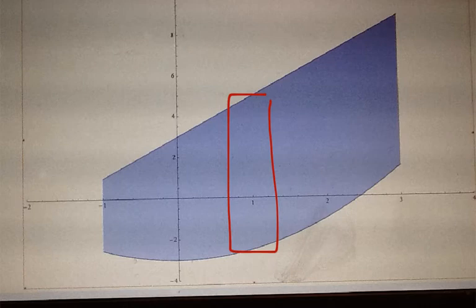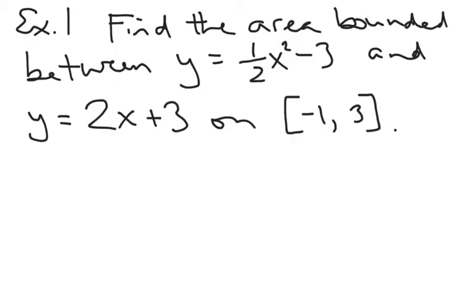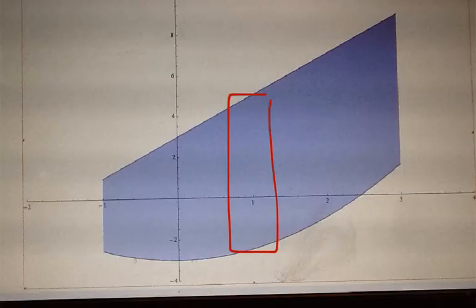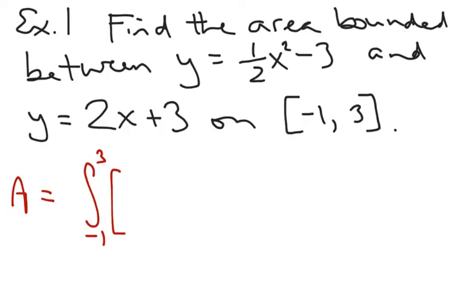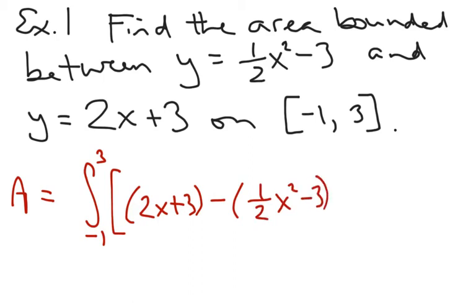And so we can very quickly see that the linear piece is on top and the parabolic piece is on the bottom. And so, top minus bottom, we can set up an integral as the definite integral from -1 to 3 of, again, the linear function is on top. So it's going to be 2x plus 3 minus (1/2 x squared minus 3) dx.